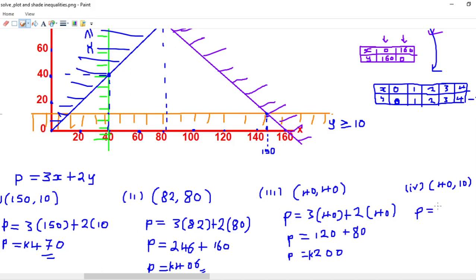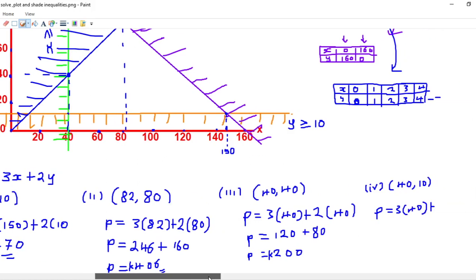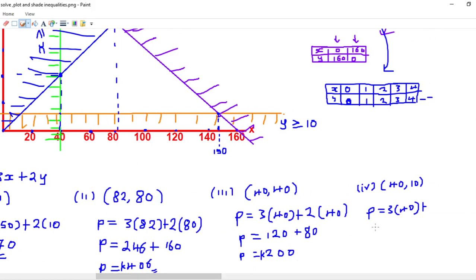Now this means we have 3 multiplied by 40, plus 2 multiplied by 10. So we can see that this side we're going to get 120 plus 20. Now that is going to give us 140 kwacha.